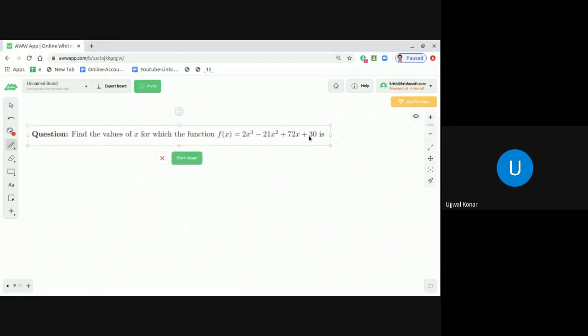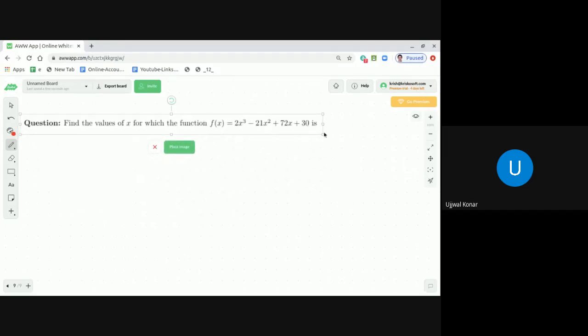So the question is, dear students, find the values of x for which the function f(x) is, first we are going to discuss increasing, and then we are going to discuss its decreasing.